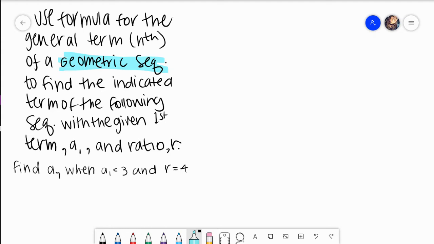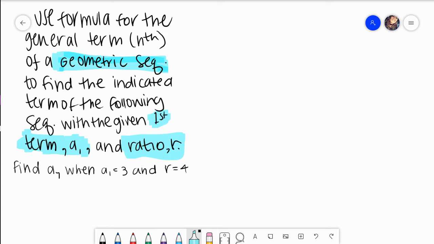It says to find the indicated term of the following sequence, given the first term, which it tells me right here is my a sub 1, and my ratio r. To solve a geometric sequence, what I need is my first term, my ratio, and my n.